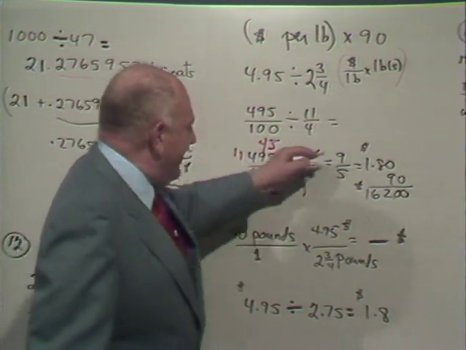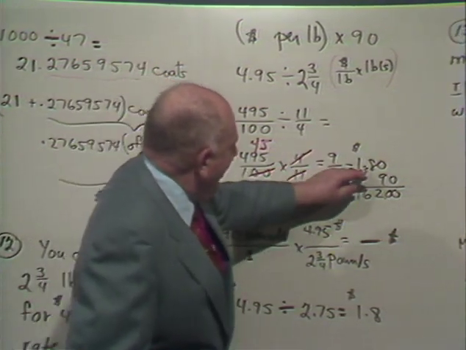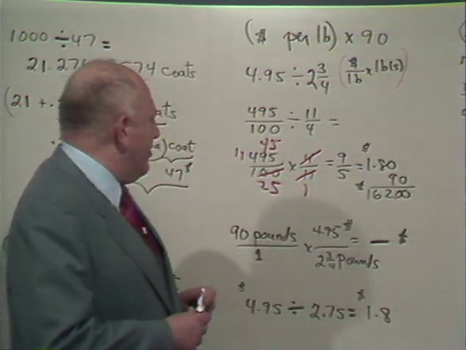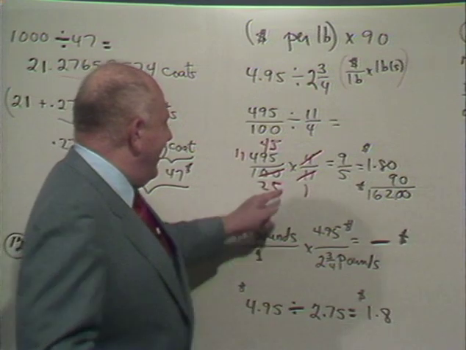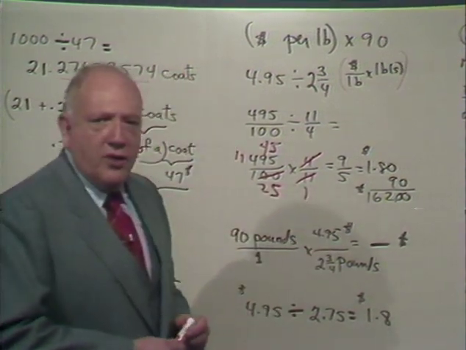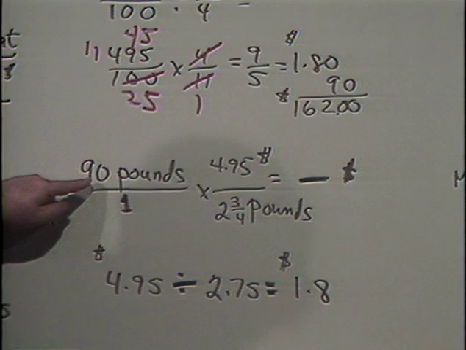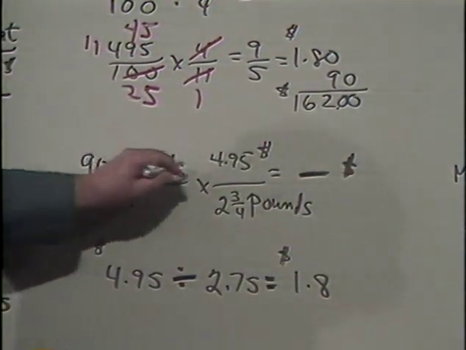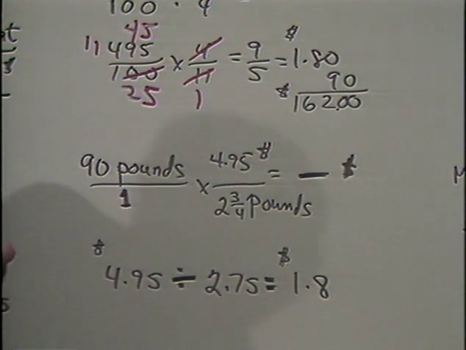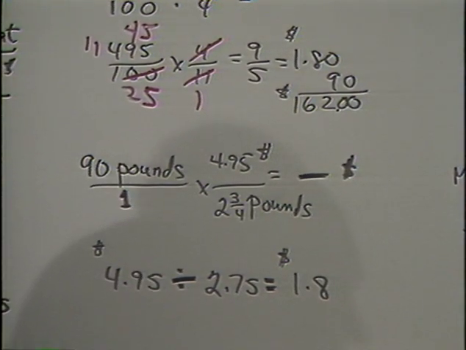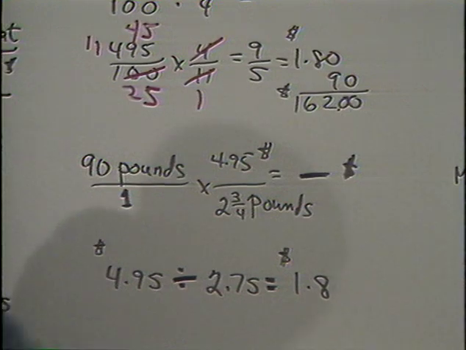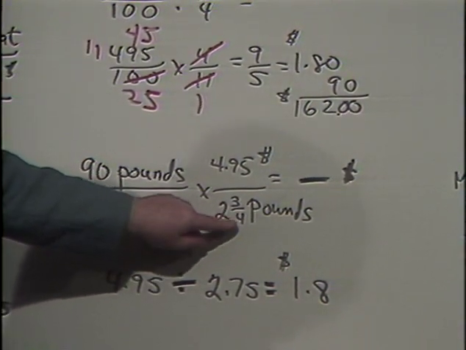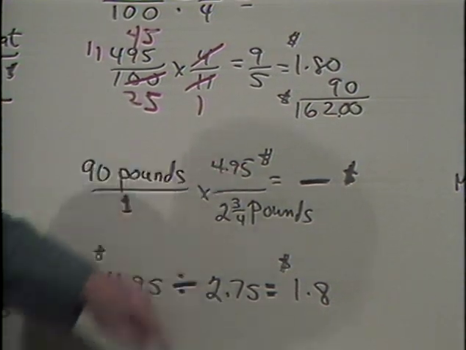Anyway, bear with me. Again, this is $1.80 a pound. You're buying 90 pounds. That's going to be $162. All right? And again, if you wanted to do this in terms of fill in the blank, you're saying 90 pounds equals blank dollars. So you want to get rid of pounds and bring in dollars. The only thing that makes this problem harder than the previous problems was that we have funny numbers here. They're not simple whole numbers. 2 3/4, 4.95.